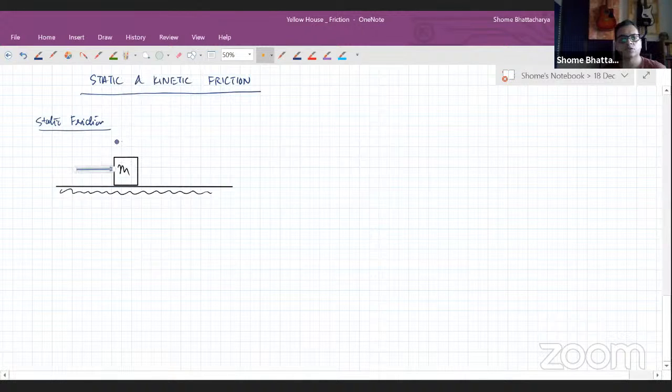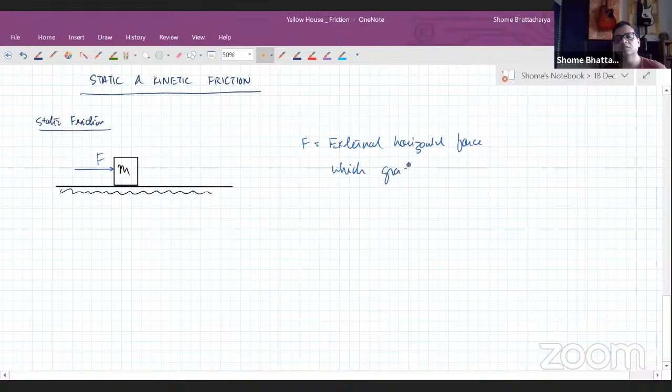So we apply an external horizontal force which gradually increases with time. And of course, the surface on which the block is lying is a rough surface.